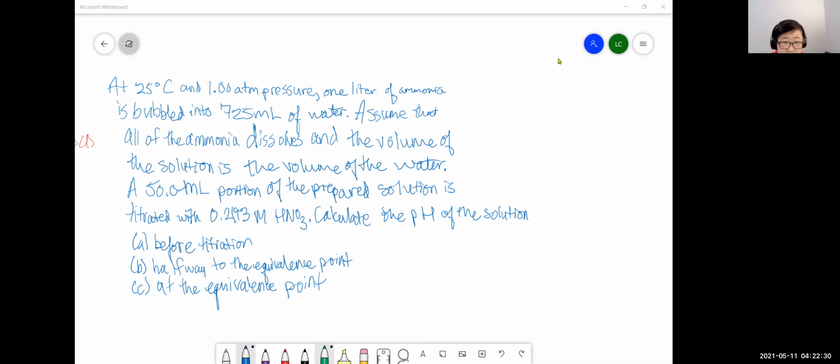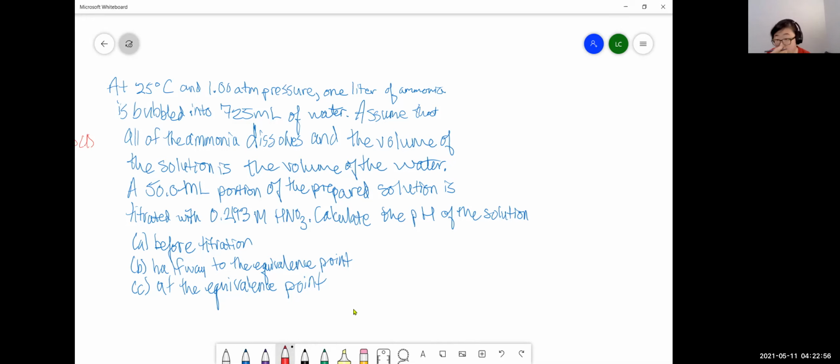A 50 milliliter portion of the prepared solution is titrated with 0.2193 molar nitric acid. Calculate the pH of the solution A, before titration, B, halfway to the equivalence point, and C, at the equivalence point. So you can pause the video here if you want to try this out.